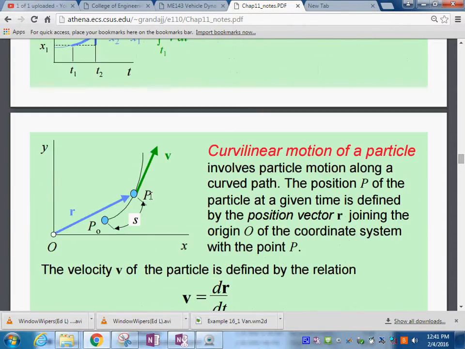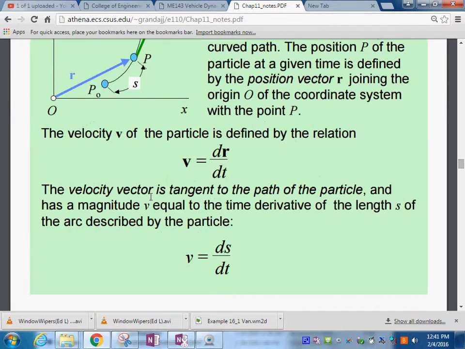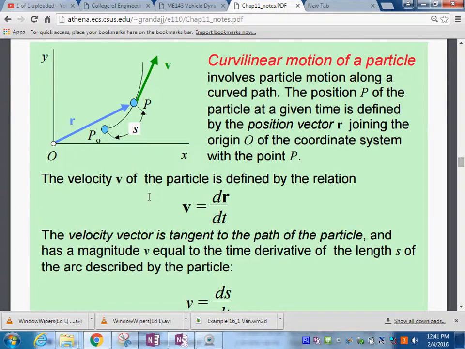Now, this is going to be important because vehicles don't travel in straight lines. They travel in curvilinear lines.